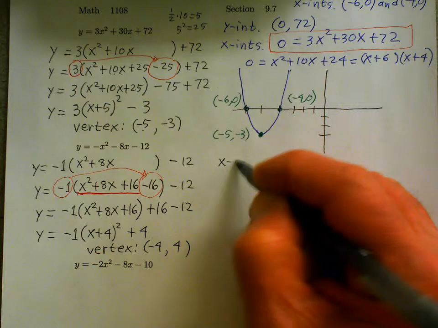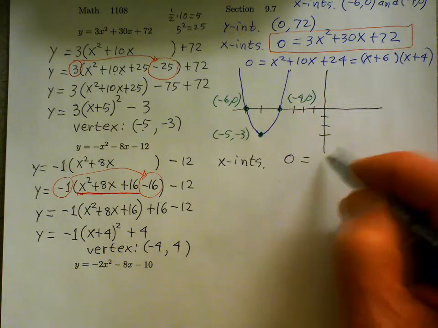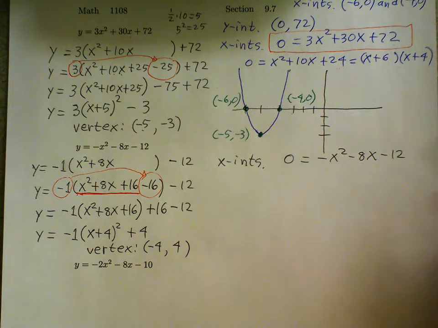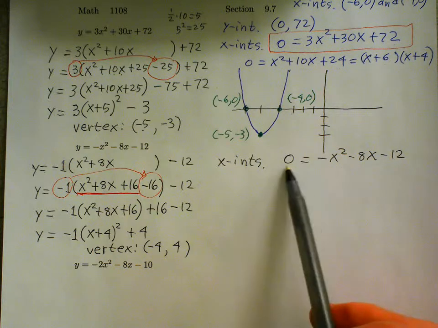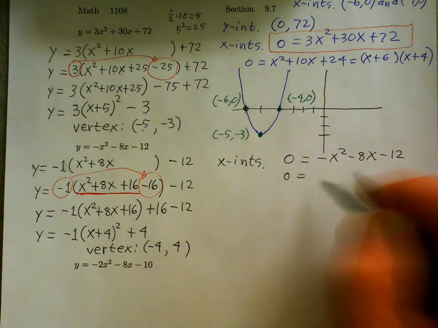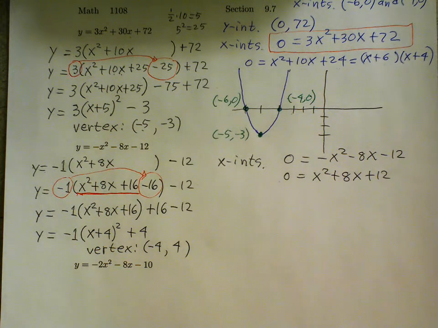To find the x-intercepts, replace y with 0. 0 equals negative x squared minus 8x minus 12. To make the arithmetic easier, I would divide every term on both sides by negative 1 to get 0 equals x squared plus 8x plus 12.